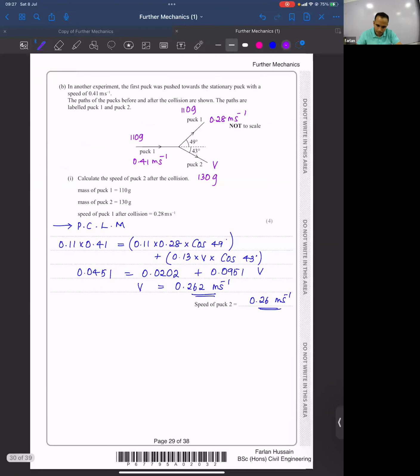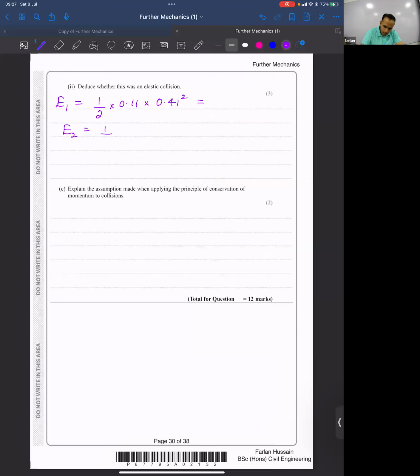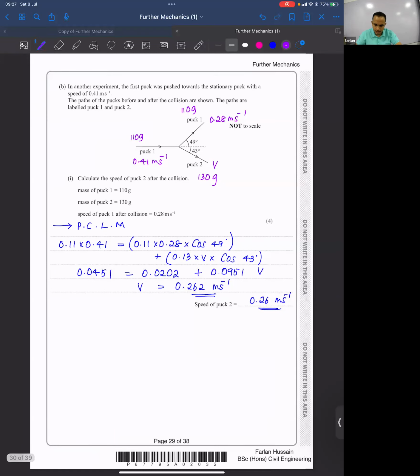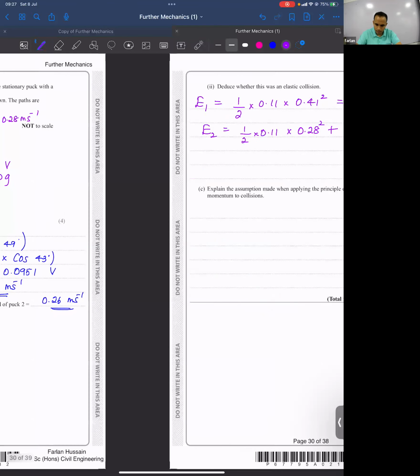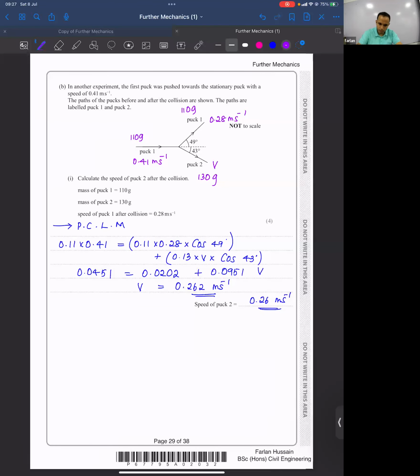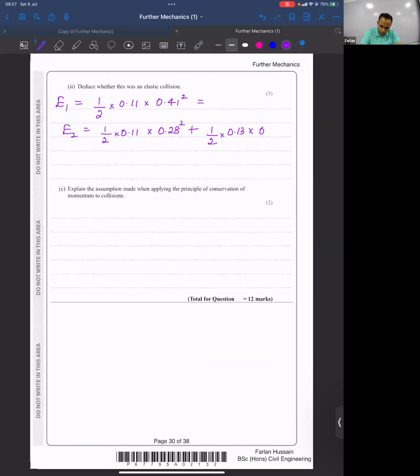That will be half into 0.11 into 0.28 squared, plus the other fellow has a kinetic energy of half into 0.13, its mass, into the speed of that fellow, 0.26 squared.